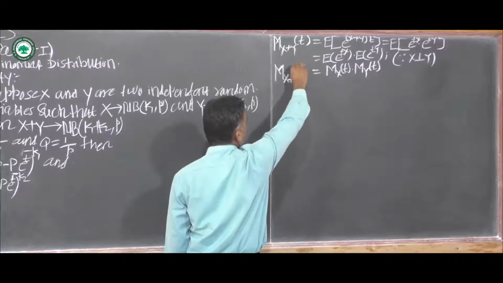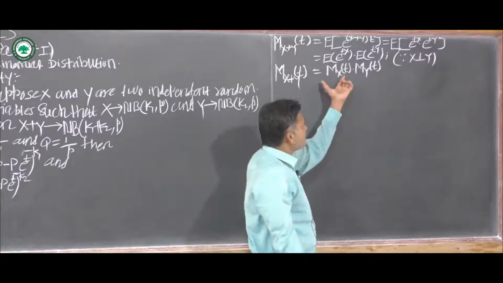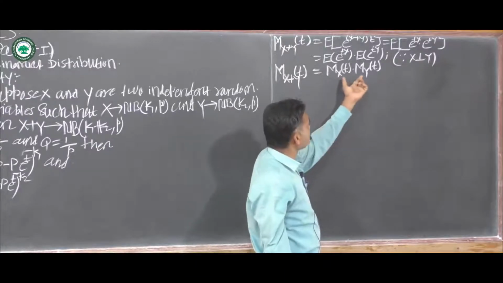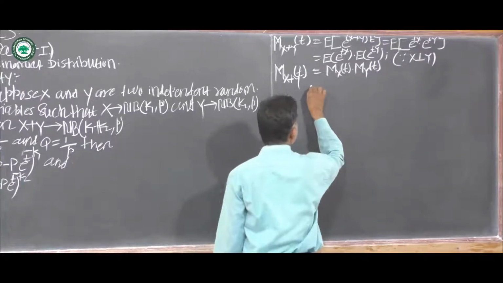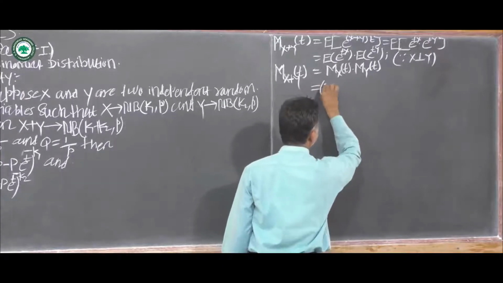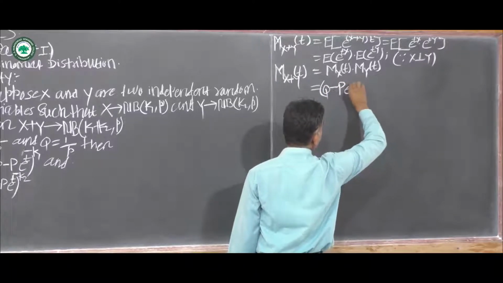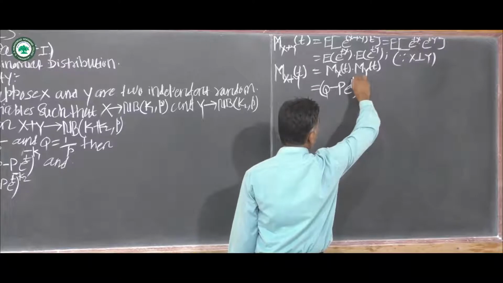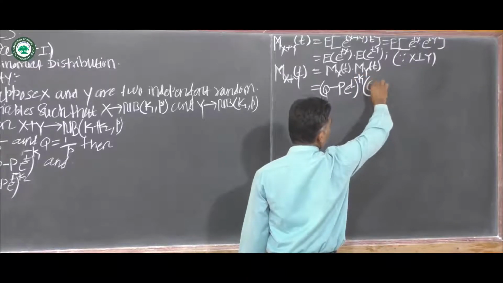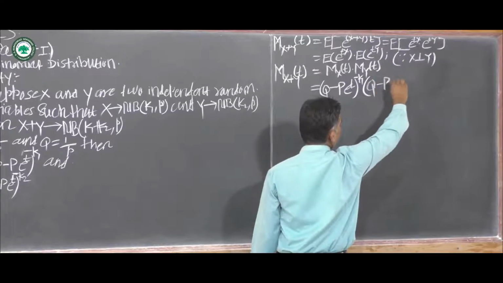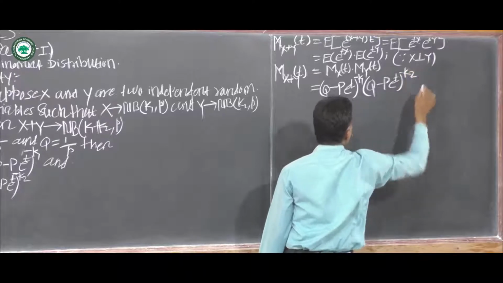This is M(x+y)(t) equal to this, and we know the mgf of random variable X and the mgf of random variable Y. The mgf of X is (Q minus P e^t) raised to minus k1 into, in the second bracket, (Q minus P e^t) raised to minus k2.